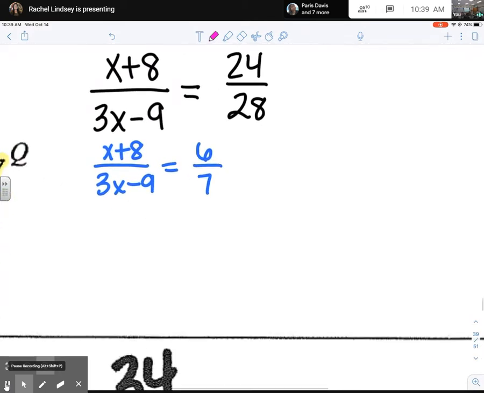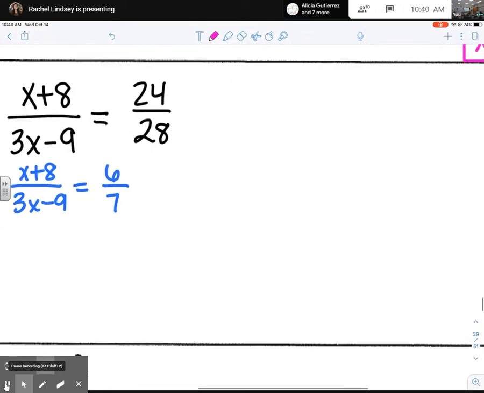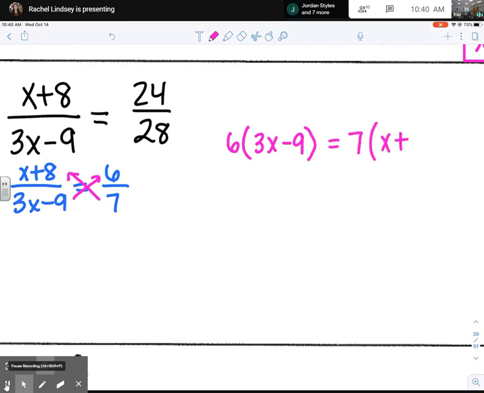And now I'm going to cross multiply. So, doesn't really matter which one you do first. I'm going to do 6 times 3x minus 9 first, just because I can see that 6 times 3 is going to give me a bigger x value than 7 times x. That's just how my brain works. I like to have biggest x value on the left. So then I'll have 6 times 3x minus 9 equals 7 times x plus 8.